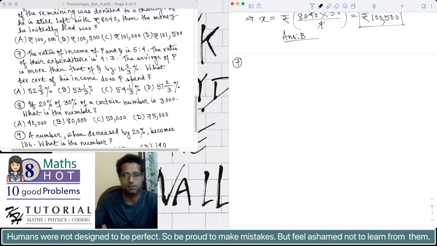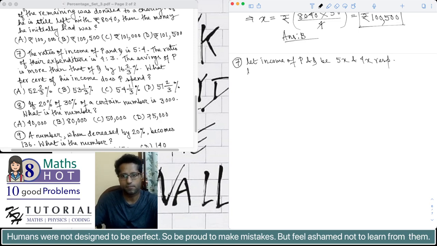Okay, let's see, I'm not sure whether I will be able to solve this problem or not. Where will the solution go? But anyway, we have to start from somewhere. So let income of P and Q be, based on the given ratio, 5x and 4x respectively.